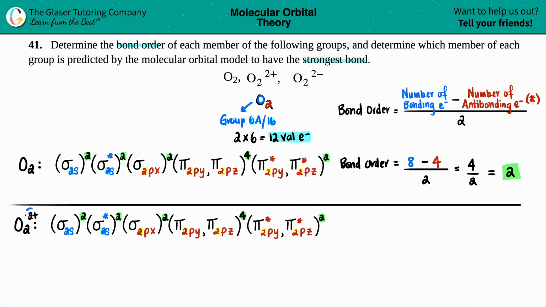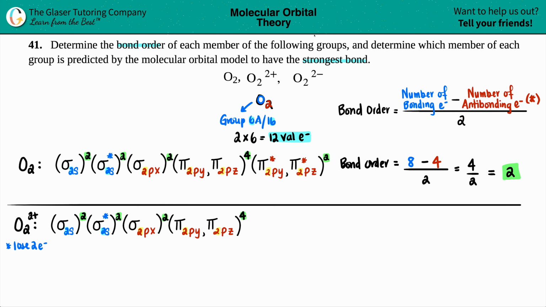So for my plus 2, I have to lose 2 electrons. And now you're losing them from the right to left. So here were my last electrons. I'm going to lose these. So in essence, this gets stripped away. That's 0. And if you don't have any electrons anymore in there, this whole thing goes bye-bye.